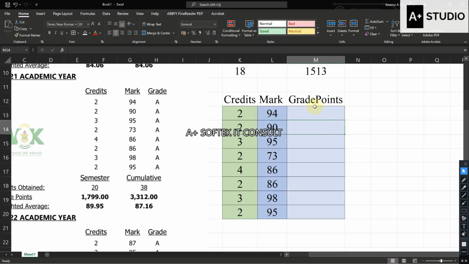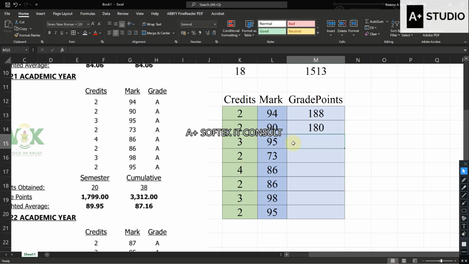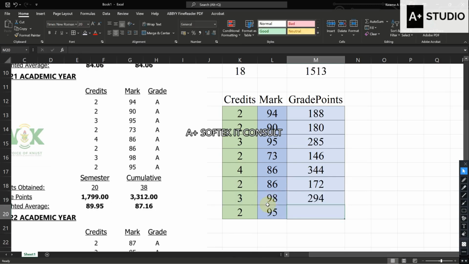To find the grade point or weighted averages, we multiply the credit hours by the marks. So we multiply this by this, 3 by 95, 2 by 73, 4 by 86, 2 by 86, 3 by 98, and then 2 by 95.